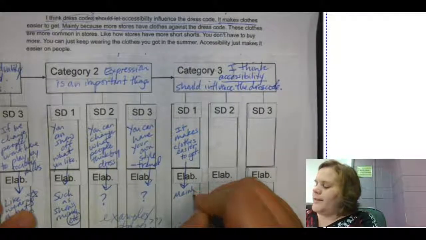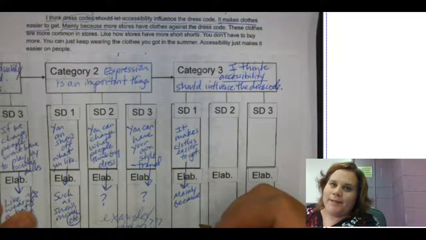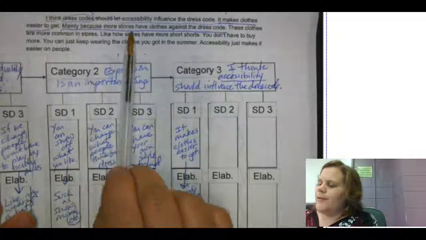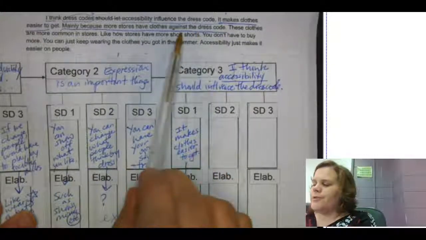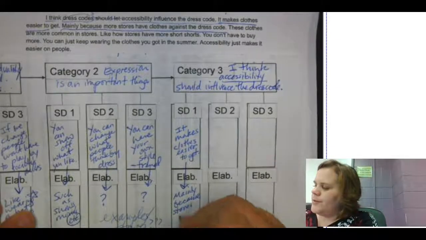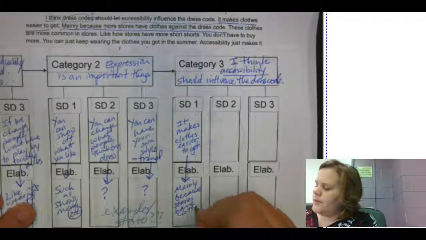So that would make it not easy, mainly because, and P.S., that's a sentence fragment. But if you said, stores mostly have clothes against the dress code, so if we change our dress code, it would be easier. Okay. Mainly because stores have clothes against it.